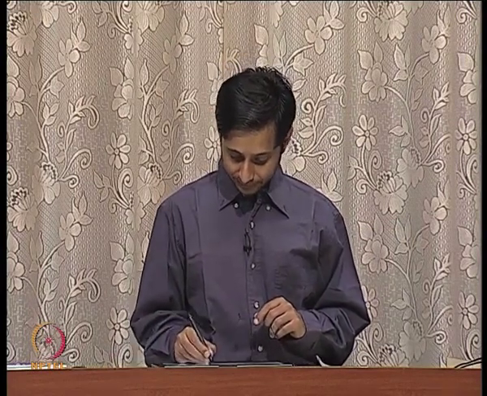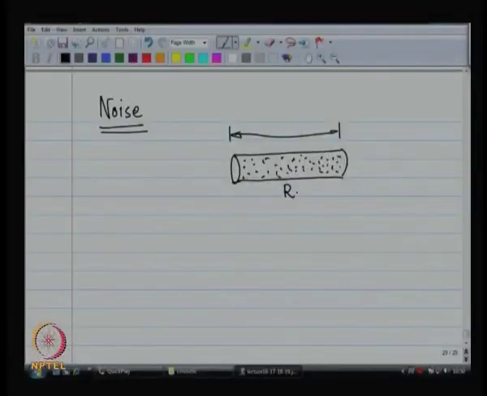So, it can be shown that if this resistor has a resistance of R, if this resistance is 0, then as the electrons are moving around, even though they have a lot of energy in them, the resistance is 0, the potential developed across the resistor is 0. So, it is really not of much consequence. However, if the resistance is non-zero, you have got some resistance over there, they are going to develop a potential across that particular element.